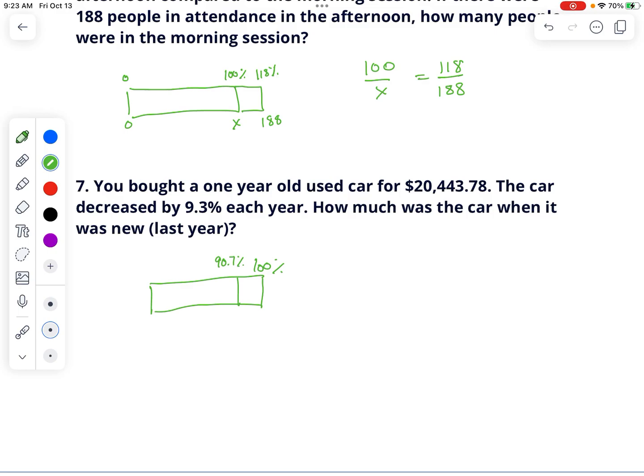Now this is the used car, so this is a depreciated value. So that's going to go right here, just a long number here. And we want to know at the full value, at the 100%, what it was. So here's our proportion.